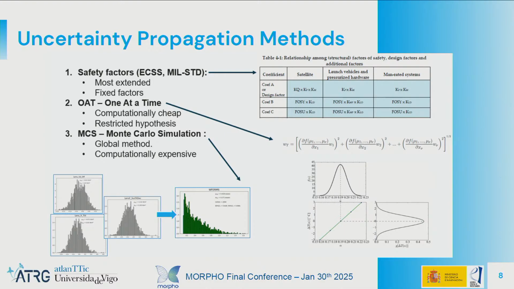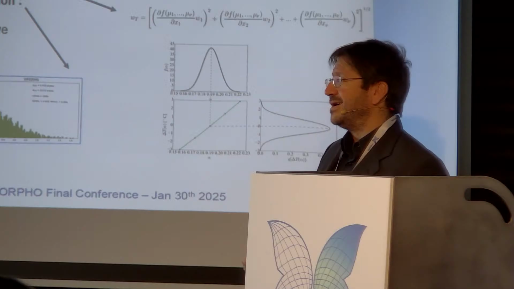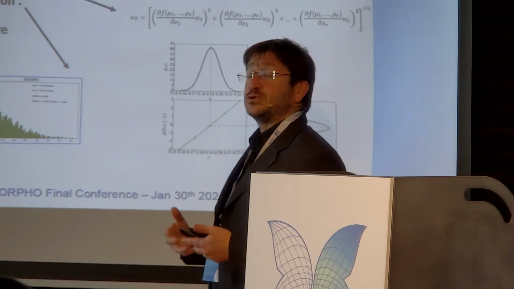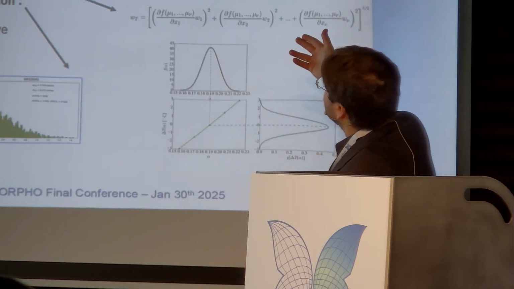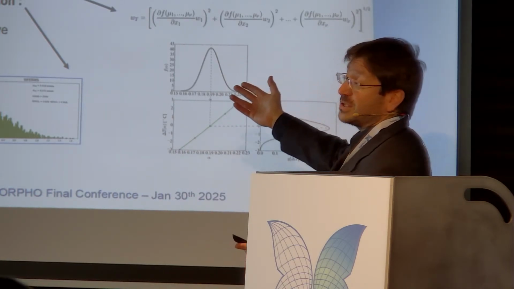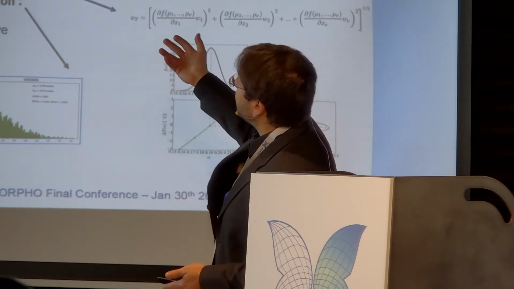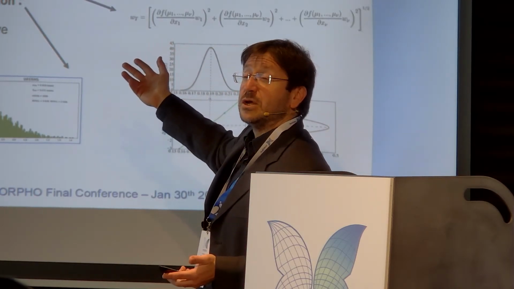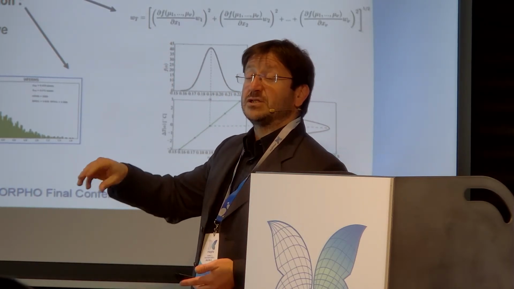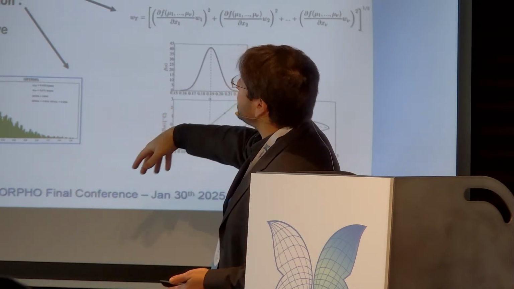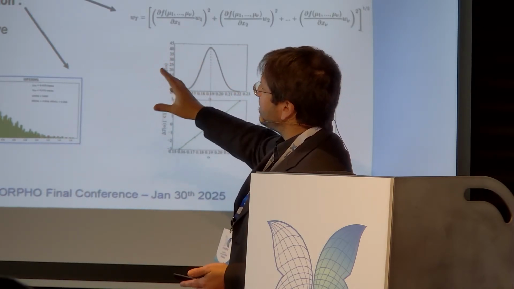For those of you who are more familiar with engineering structural work, you may know the safety factors or the uncertainty margins. Okay, those are one of the most extended ways, consisting of fixed factors based on experience, but you also have other types of methods.